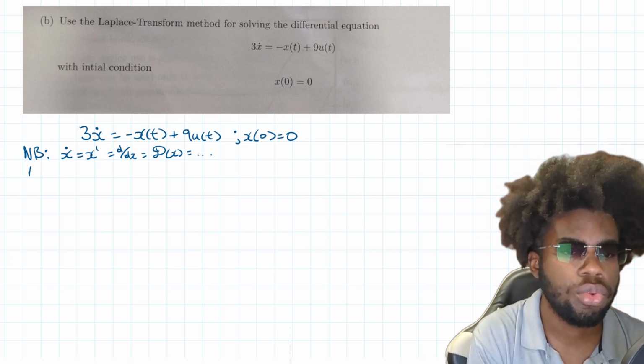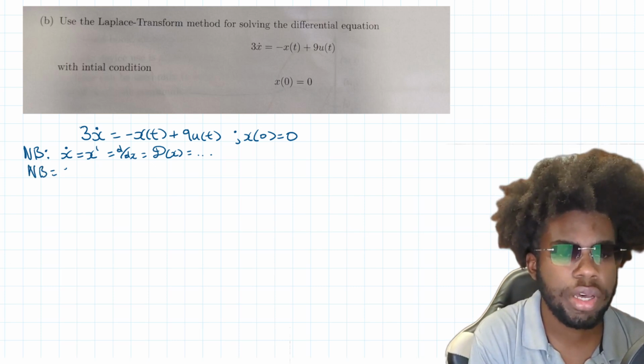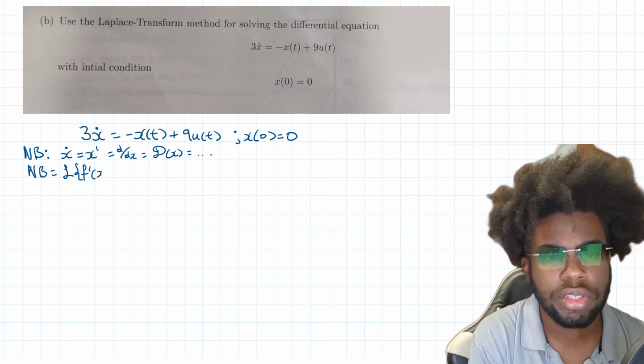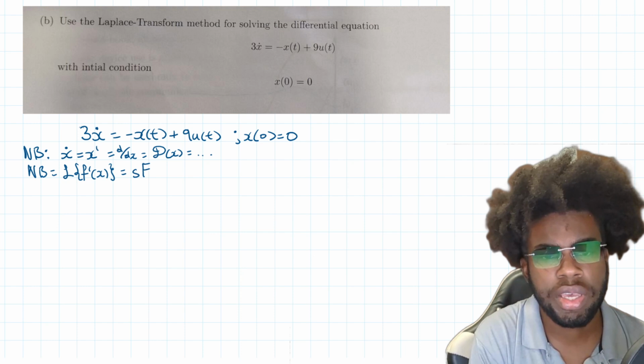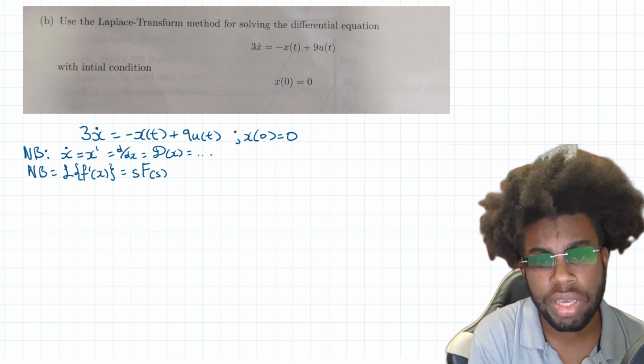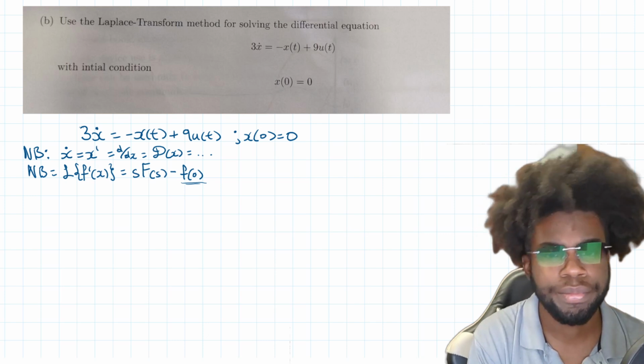Let's also note that the Laplace transform of the derivative, let's call this f prime of x, is equal to s times the Laplace transform of f of x, which is cap F of s, minus small f of 0. You can see how the initial value stuff comes in here.